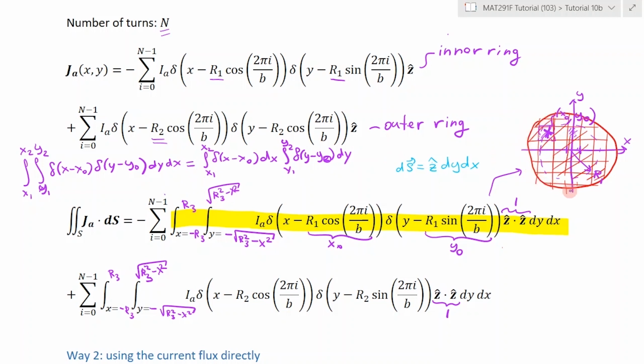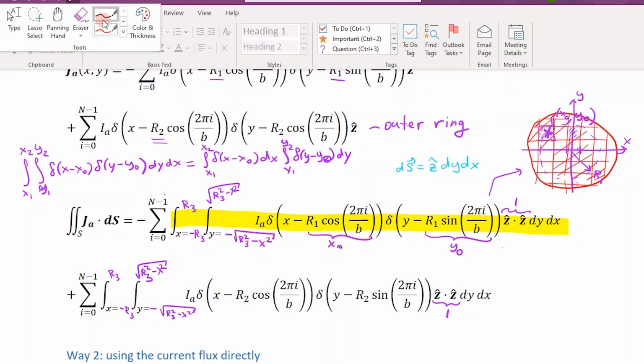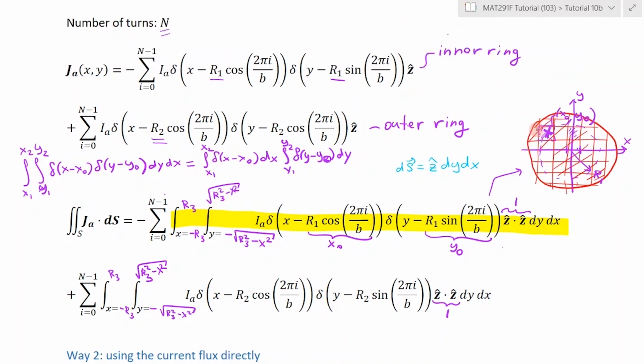So this means that even though we're integrating over this entire circle, the only patch that matters is this one. So we could just throw away this whole circle and just pretend that the only surface we have is this one, and the integration over this surface is going to give us 1.